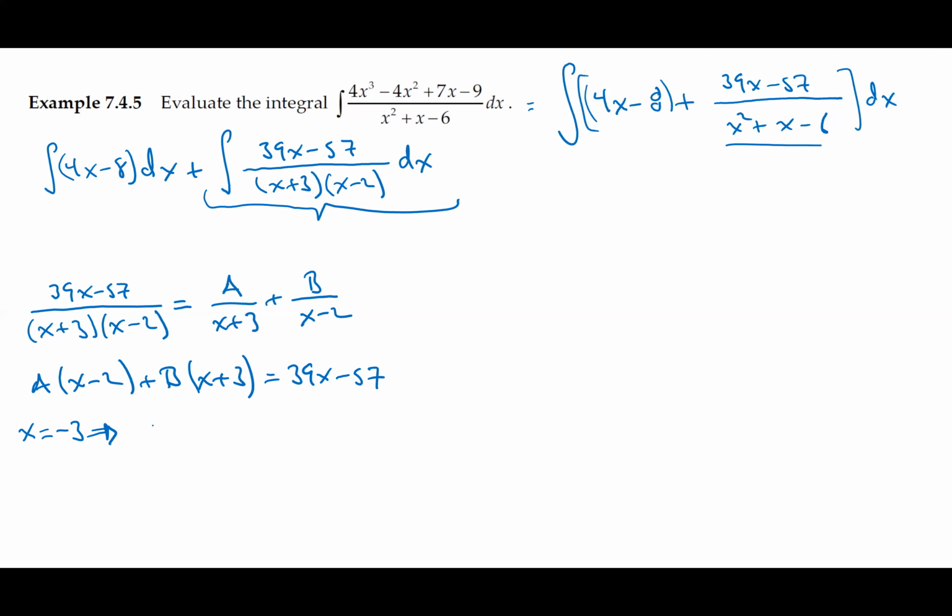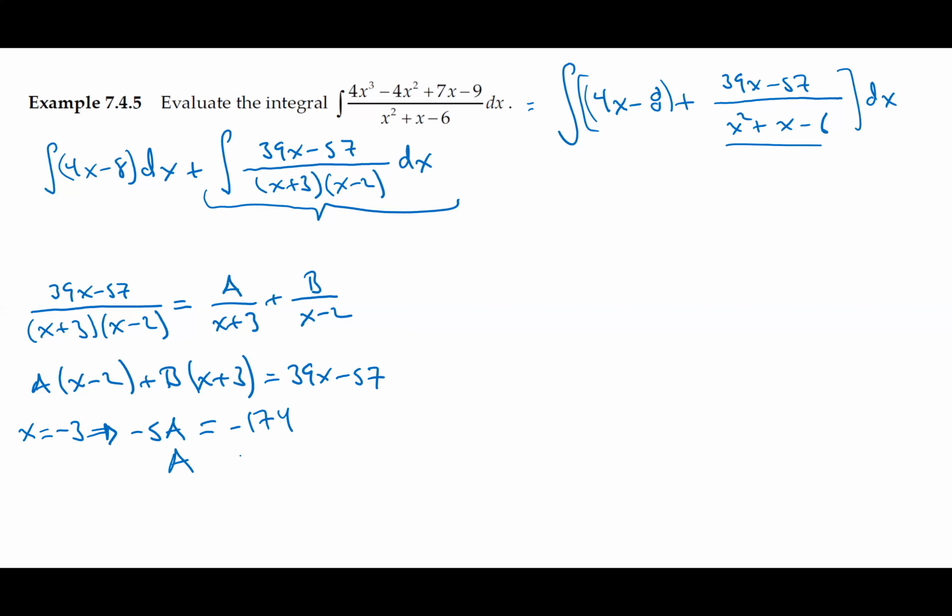And you've got -5A equals, and then let's see, we have 39 times -3. And then what, minus 57? So let's see what we get there. So 39 times -3. You get -174.